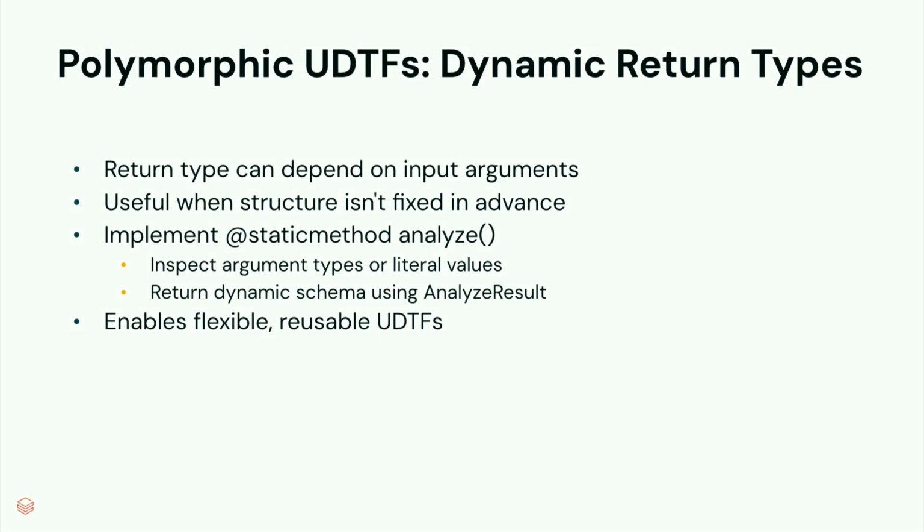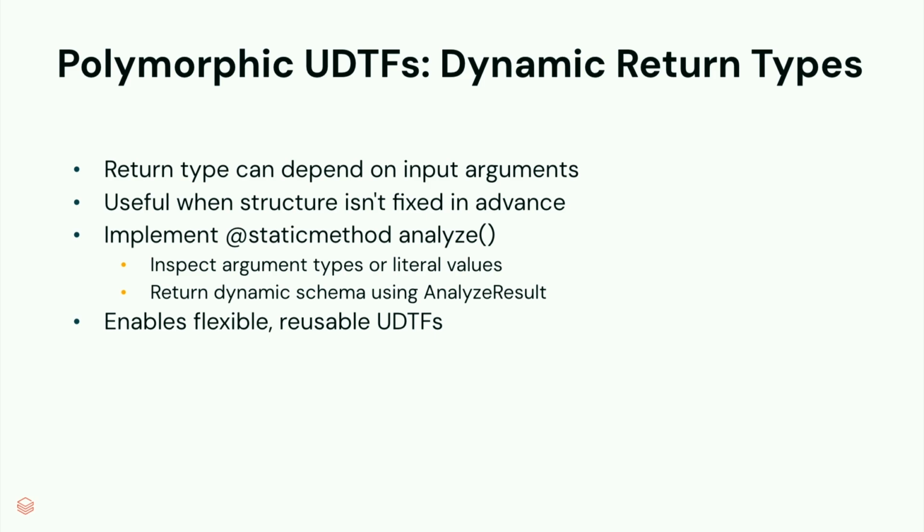And in addition to that, there's the polymorphic UDTF. By default, a normal UDTF has a fixed return schema, as we saw in the previous example. But sometimes we want that schema to depend on the input. That's where polymorphic UDTFs come in. They allow you to define dynamic output schemas which are determined at runtime.